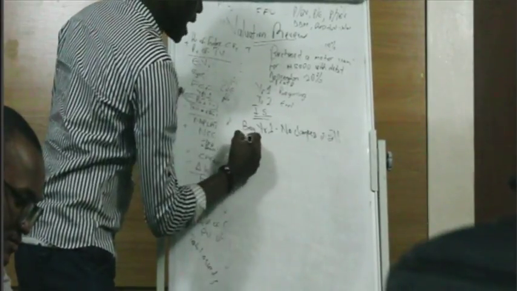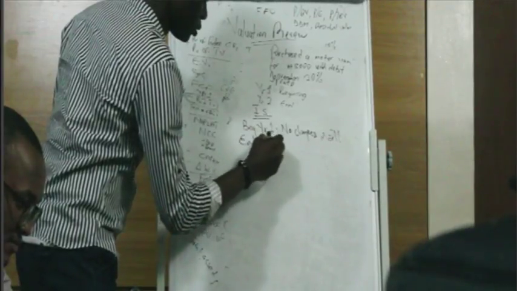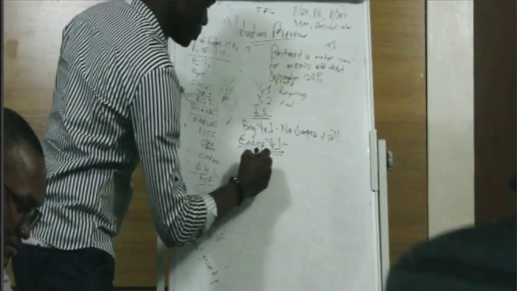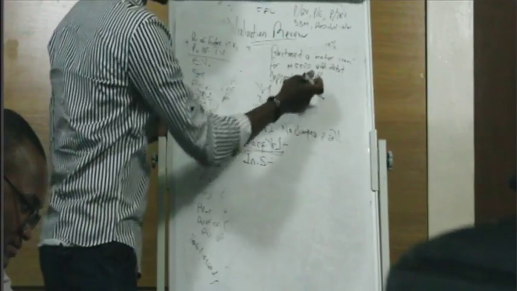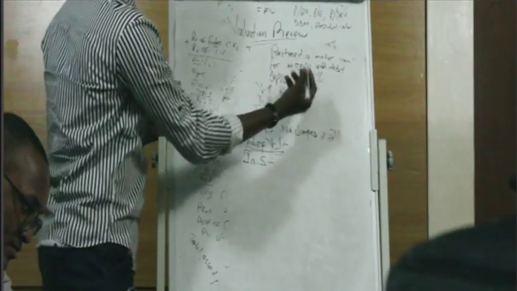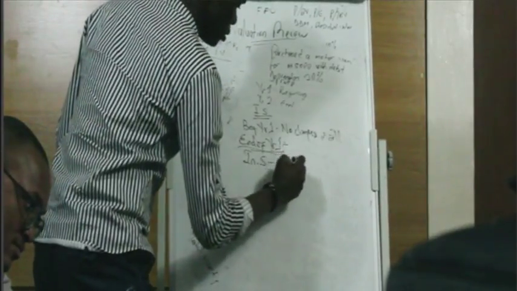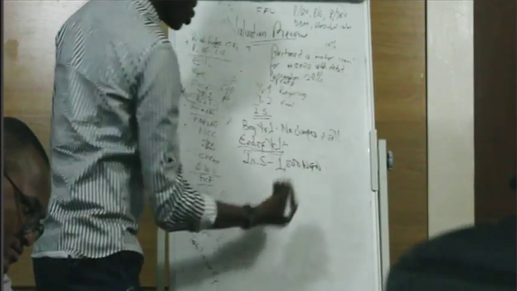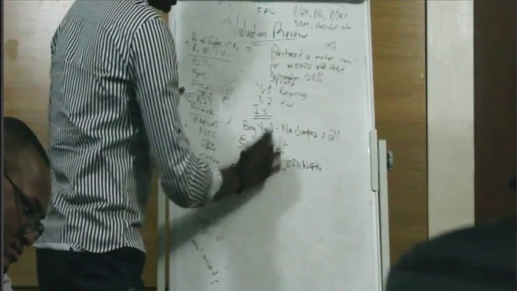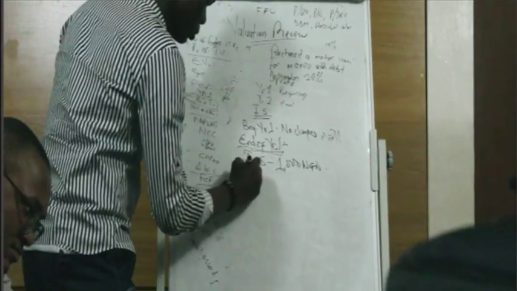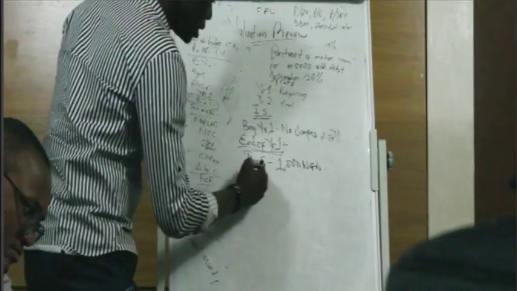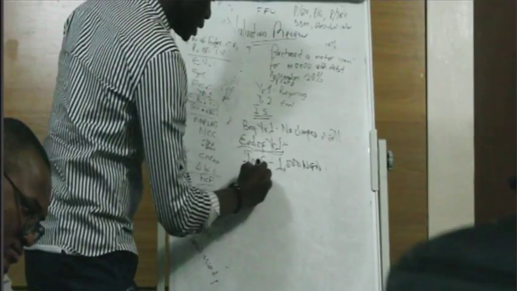At the end of year one, for the income statement, 20% of 5,000 is going to be 1,000 naira. So depreciation is going to be up, and your profit before tax is going to be down by 1,000 naira.